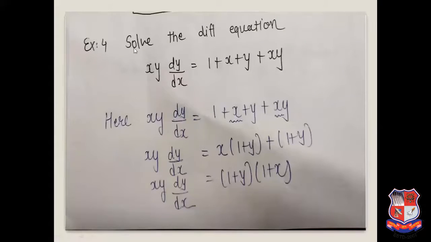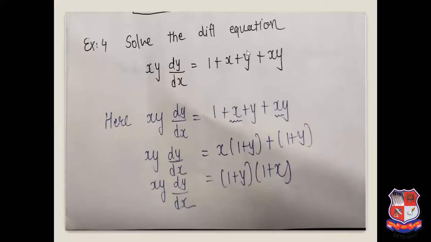Example number 4. Solve the differential equation xy dy by dx equals 1 plus x plus y plus xy. Again, here we can't directly separate variable x and variable y.